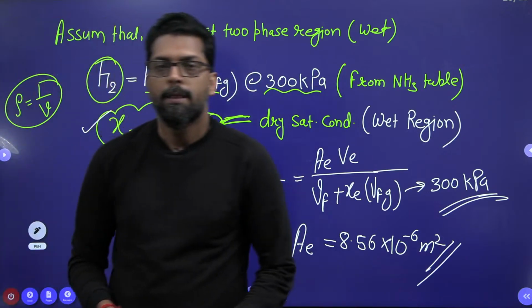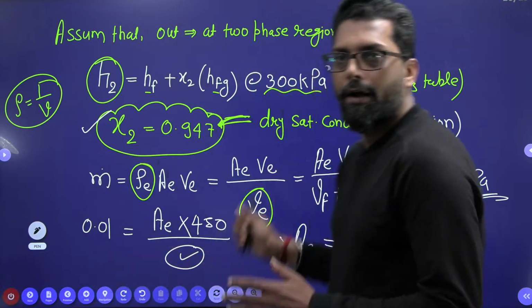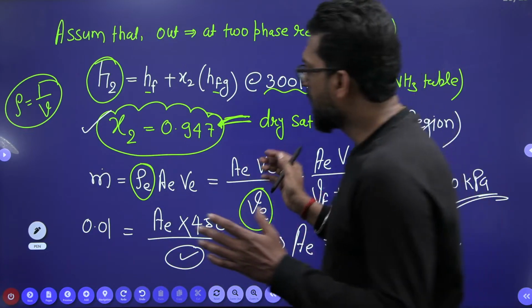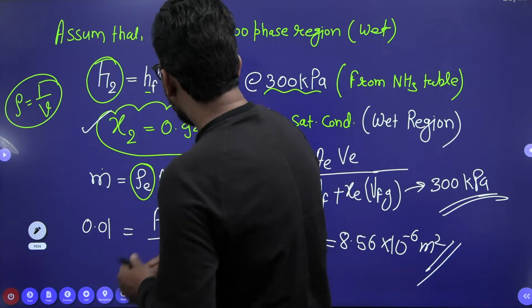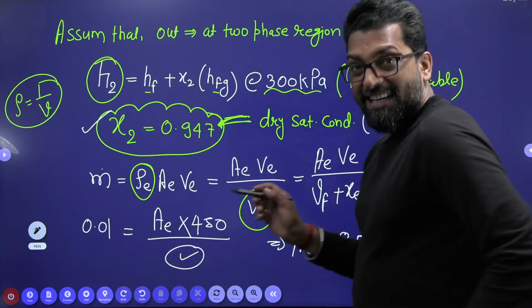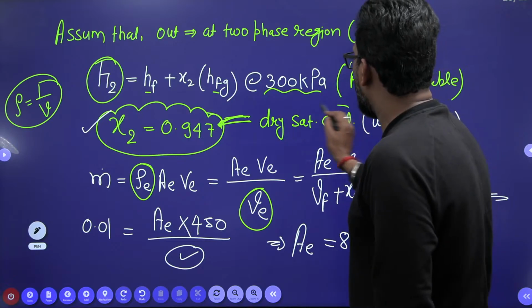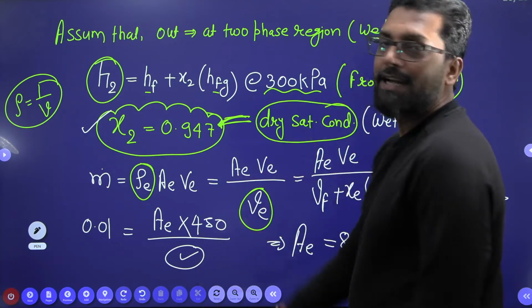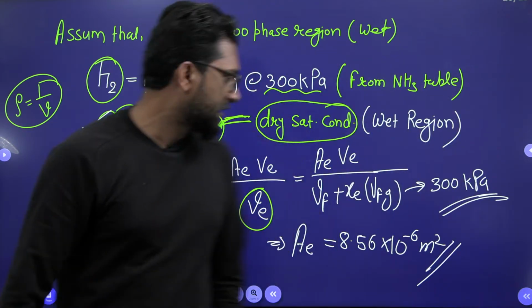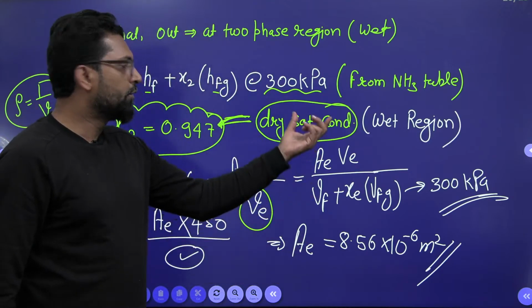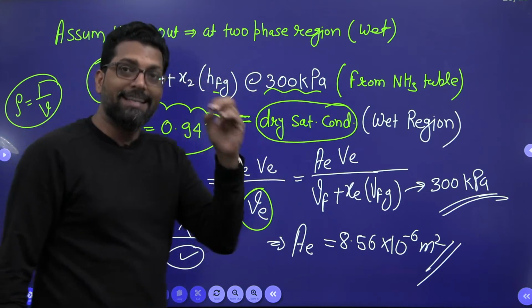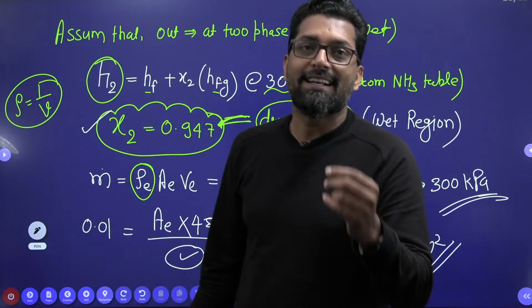Okay, so this is the question related to the exit condition at a dry saturated condition, that means in a wet region. And what is the area? If we don't know the exit condition, simply find the dryness fraction.